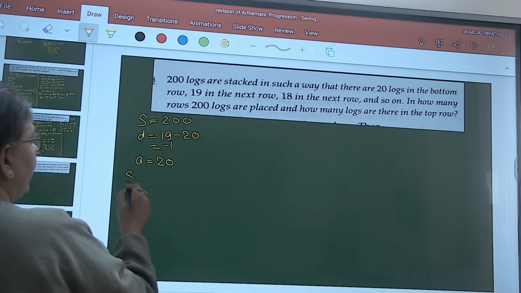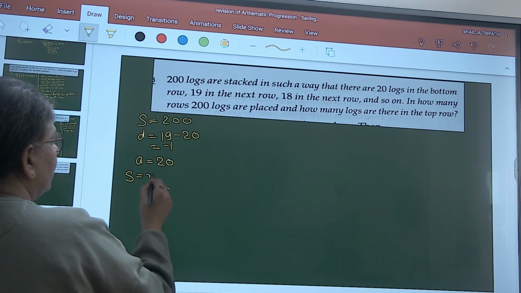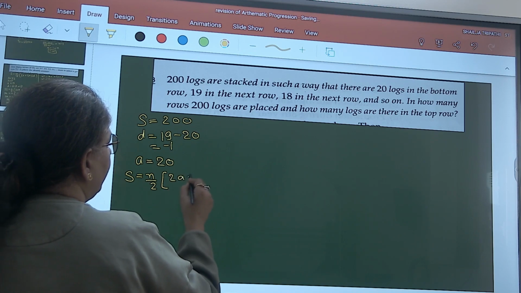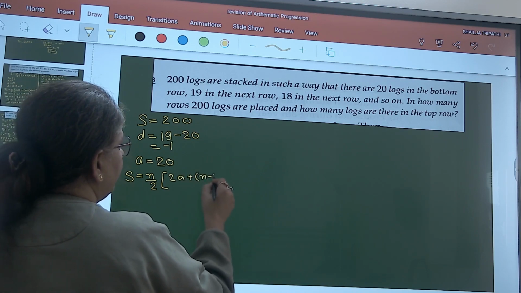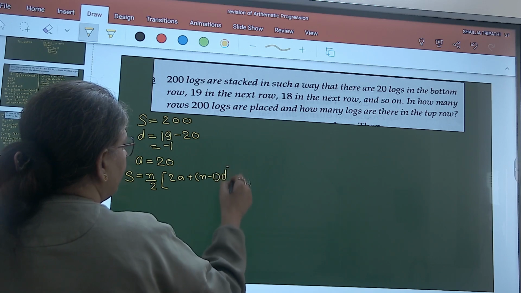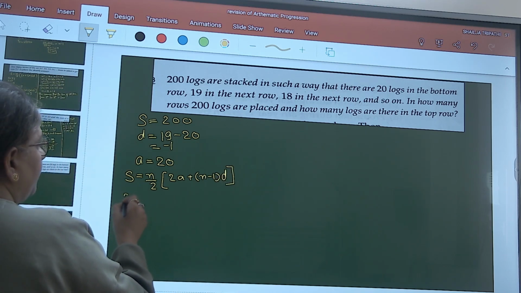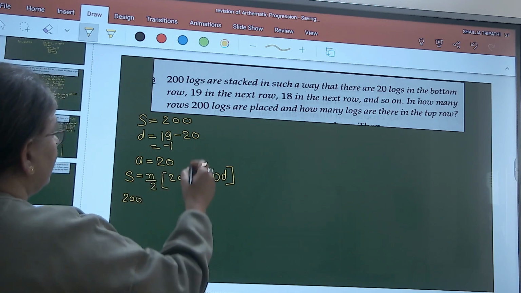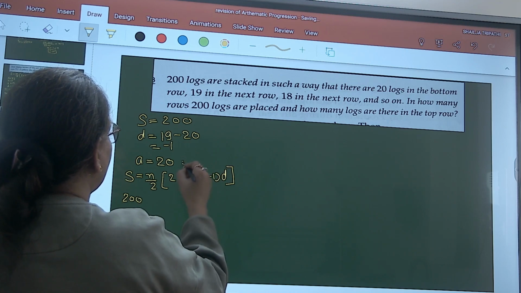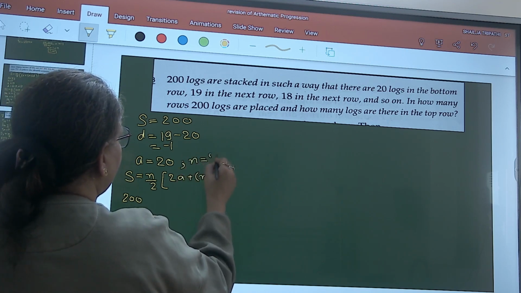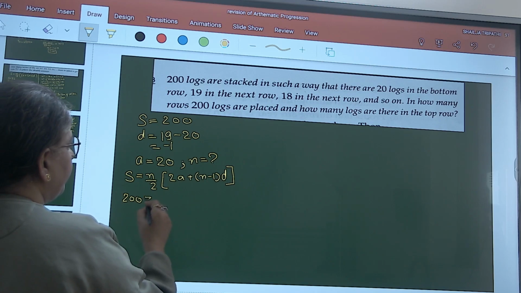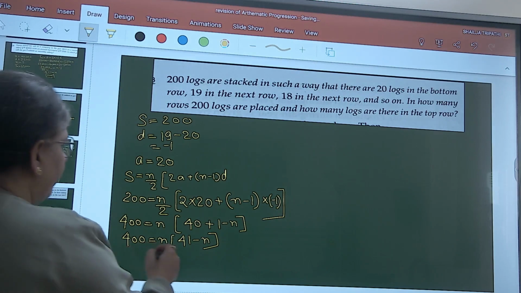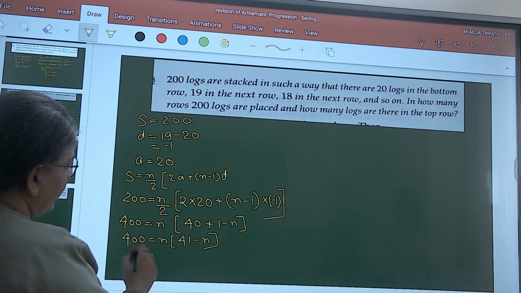Let's write the formula. S is equal to n by 2 bracket 2a plus (n minus 1)d. So we have to find number of rows, that is n. See, on solving we get a quadratic equation.